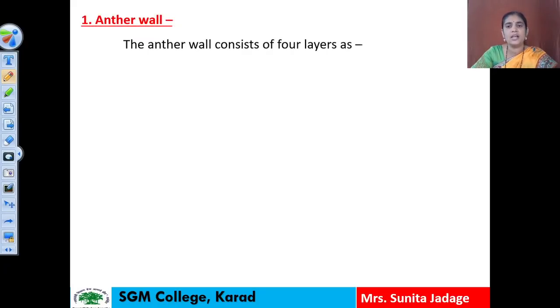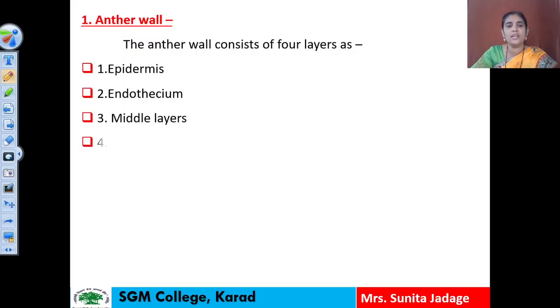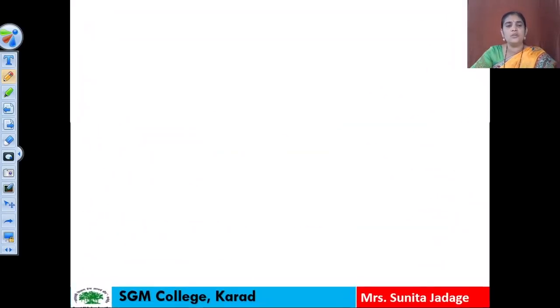The first is the epidermis, the second layer is the endothecium, the third layer is the middle layers, and the fourth layer is the tapetum. In the diagram we have to see the structure of this anther wall. For that, the TS of anther structure we have to study.